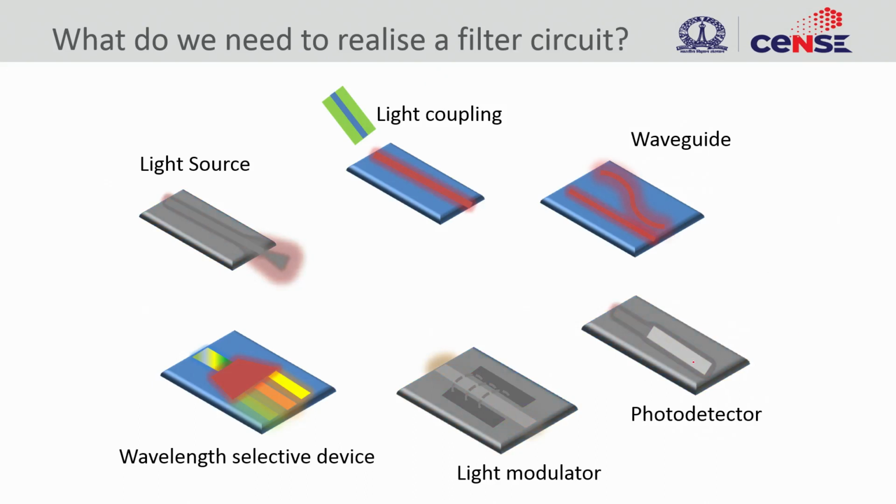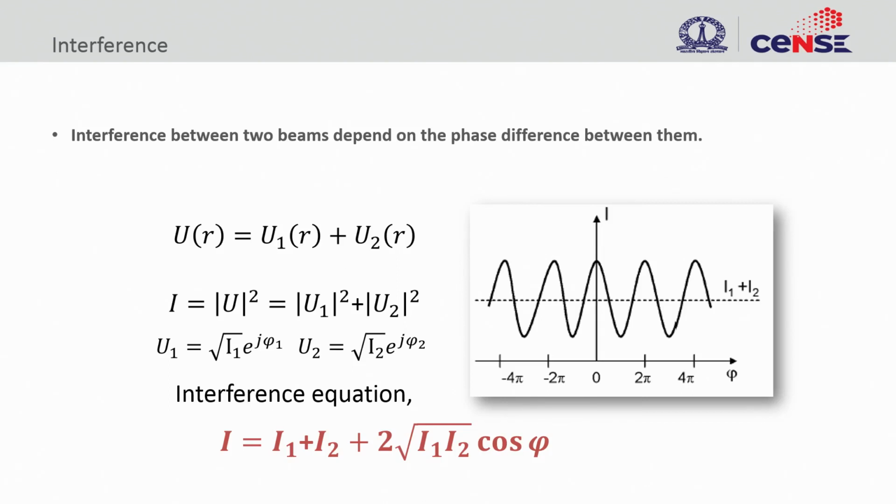So now we have gotten the waveguide design done and we know how to couple the light. And finally we need to prepare our wavelength selective device. The purpose of a wavelength selective device is to create wavelength selectivity. How do we create this wavelength selectivity? You could use the interference principle in order to create wavelength selectivity. So this is a very basic understanding of interference, right.